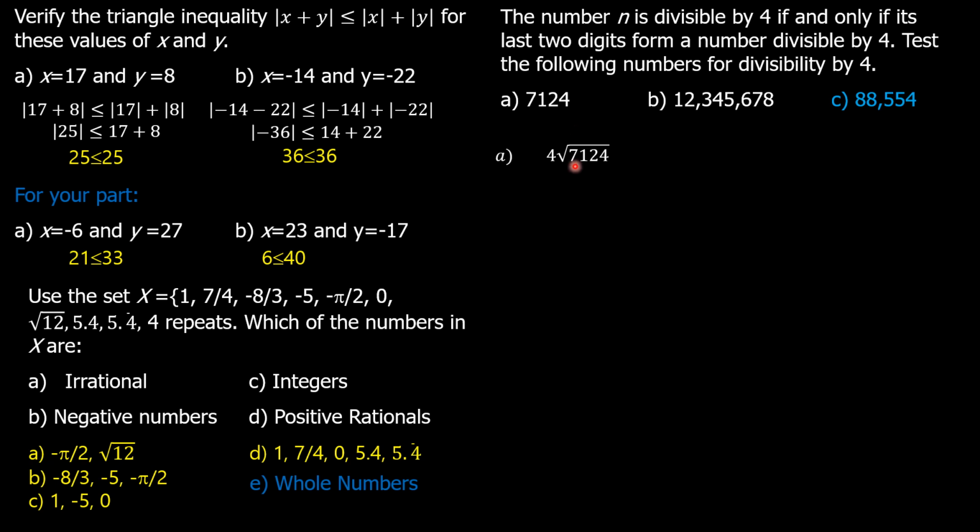To show that it is divisible by 4, first 7 divided by 4 is 1. 1 times 4 is 4. Subtract, so we have 3, then bring down 1, 31. Then 31 divided by 4 is 7. 7 times 4 equals 28. Then 31 minus 28 is 3. Bring down 2, 32. 32 divided by 4 is 8.